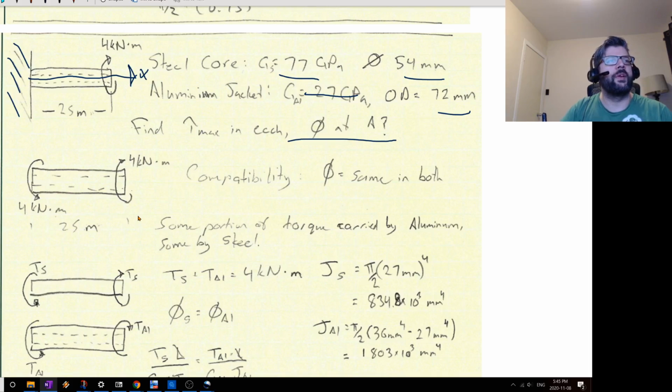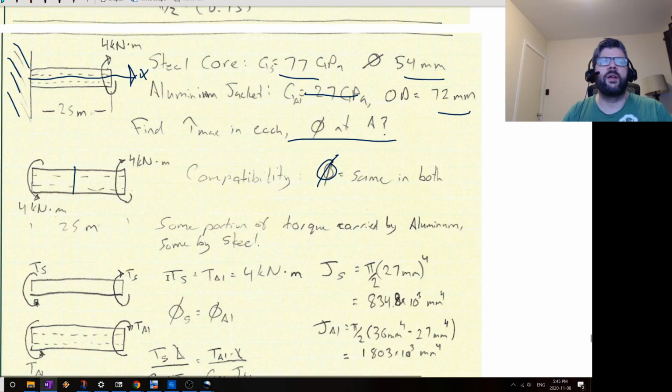Our compatibility condition here is that these things are bonded together, so they twist at the same rate. So the angle of twist at the end is the same, and in fact the angle of twist, if you take any section, needs to be the same. There's no slipping between these two. So some portion of the torque is going to be carried by the aluminum on the outside, and some portion is going to be carried by the steel on the inside.